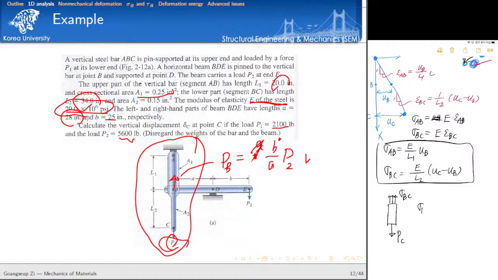Then we can easily recognize sigma BC times the cross-section area of the BC segment, A2, is equal to PC. So let's plug in the information of sigma BC here. Then elastic modulus times area over L2 times UC minus UB.